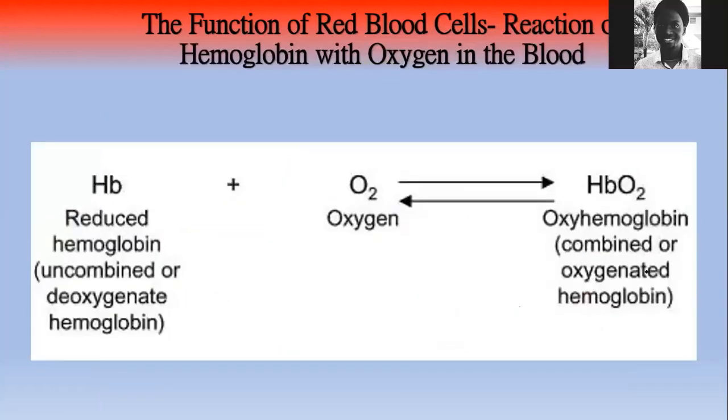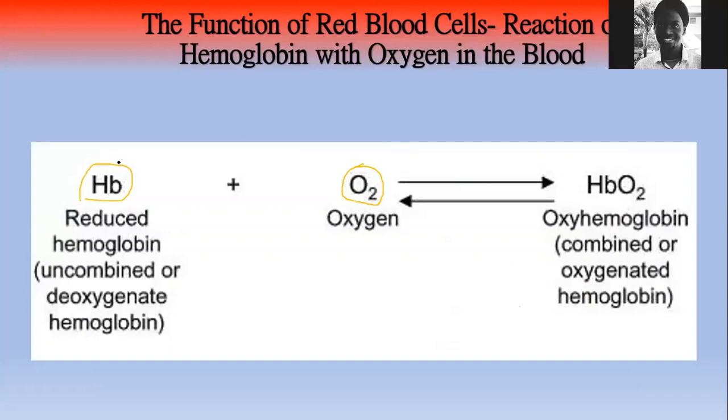So here we have the equation showing the reaction between hemoglobin and oxygen. The hemoglobin would bind to oxygen to form oxyhemoglobin, HbO2, and it's a reversible reaction.